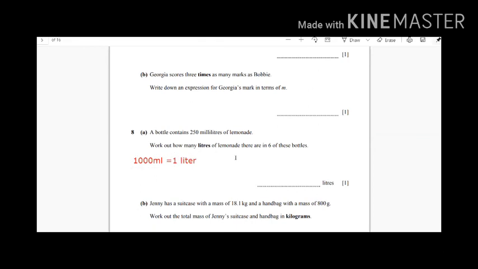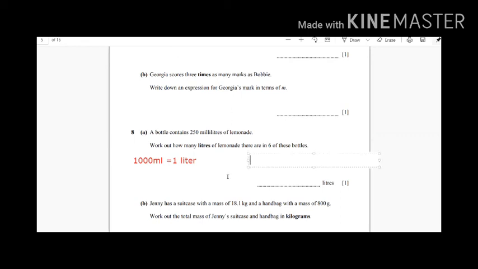Now you will do this question with this information. First, what will you do? 1 bottle equals 250 milliliters. How many will 6 bottles be? If 1 bottle is 250, what will 6 be? We're going to multiply.